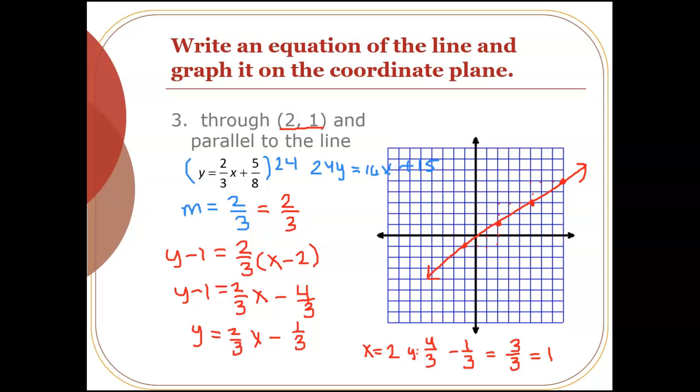If you tried to find your y-intercept, you'd get 15/6, and your x-intercept would be 15/6, and your y-intercept would be 5/8. So you'll see that the two graphs are pretty close together, never intersecting because they are parallel. Parallel lines do not intersect.